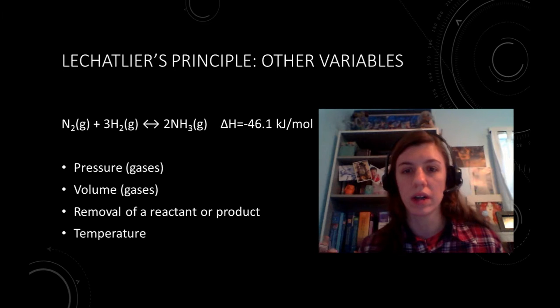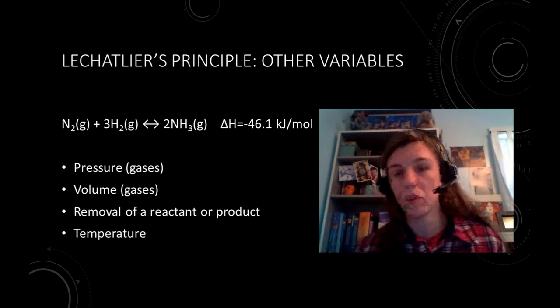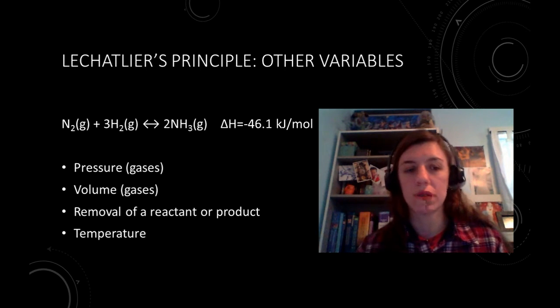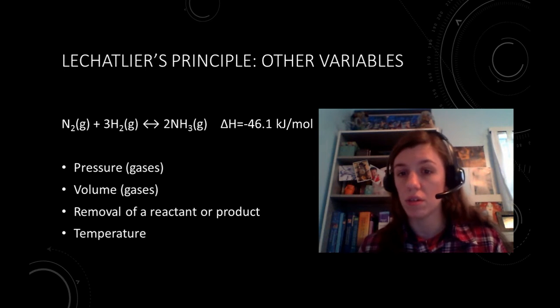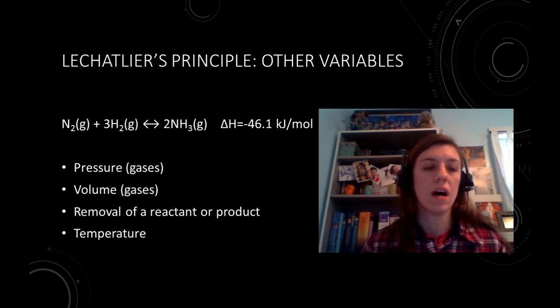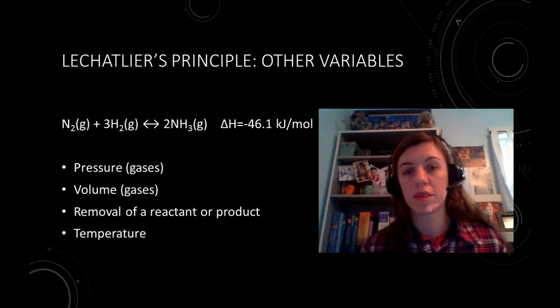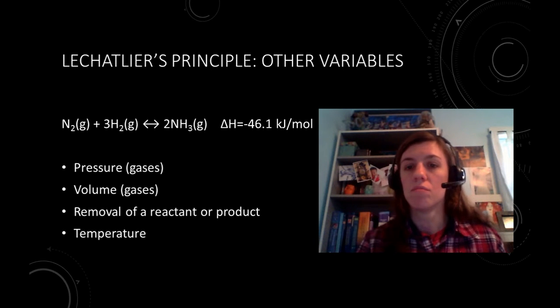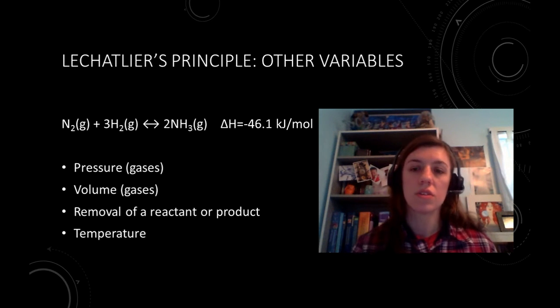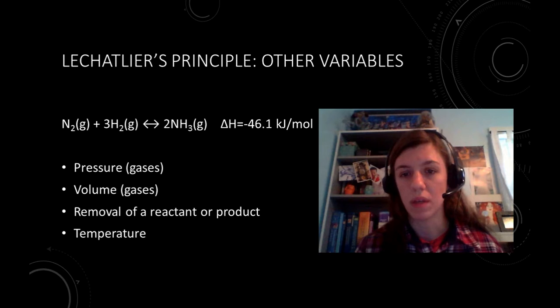And that would shift our equilibrium. The forward reaction would be favored, which would shift our equilibrium toward the products until a new equilibrium was established. Now, if we were to decrease the pressure, the reverse would happen. More moles of gas would be favored, so the reverse reaction would be favored, and we would have more of the reactants being formed.